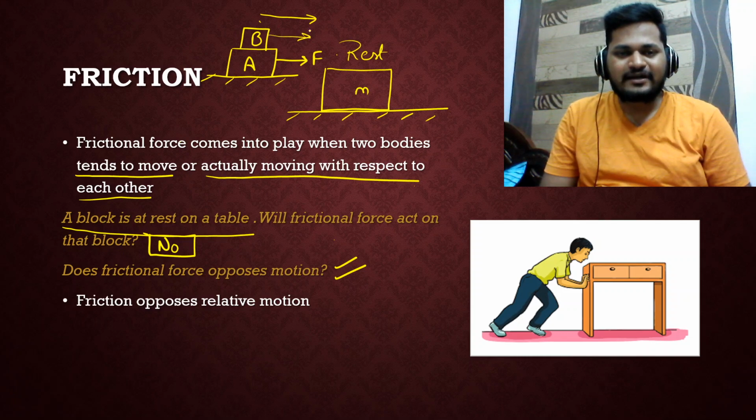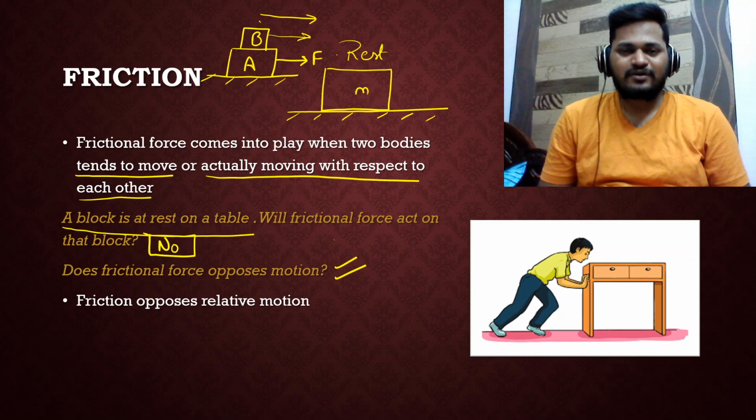Which force is acting on B? Obviously friction. So saying friction opposes motion is a wrong statement. Friction supports motion also. Even we are able to walk on a surface because of friction. Even your vehicle is able to accelerate on a surface because of friction. So saying friction opposes motion is a blunder. In all cases, it doesn't oppose motion.